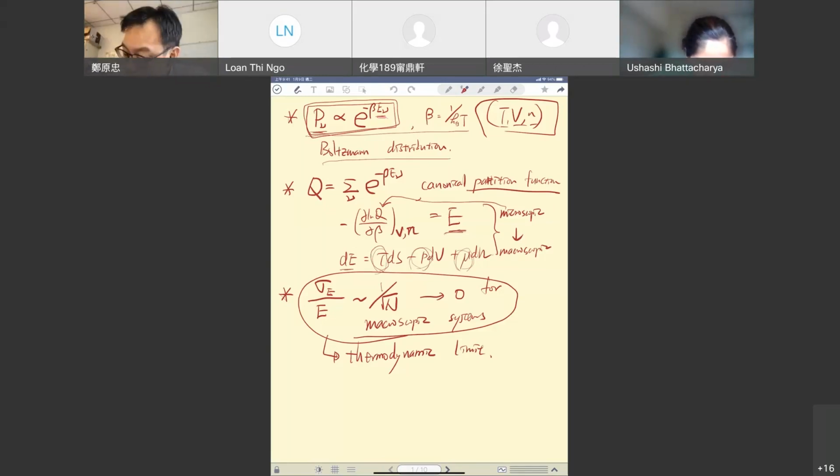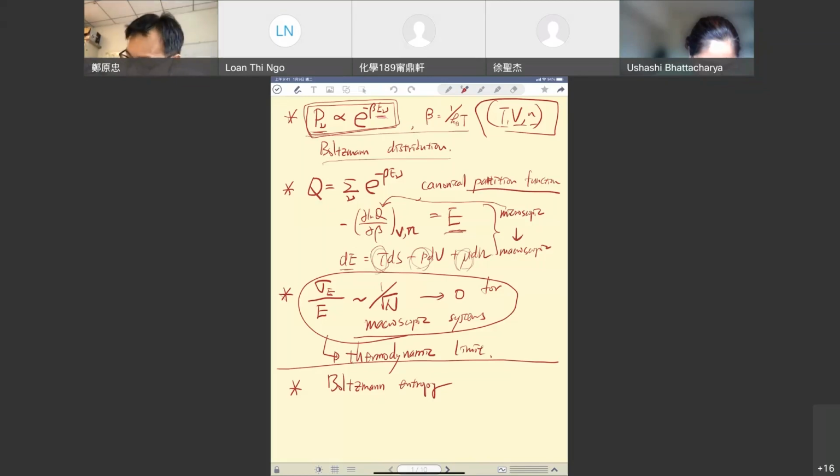Okay. So to do that, I want to introduce the so-called Gibbs entropy. It's a more general form of entropy, and we start from our understanding of what we have already learned, this Boltzmann entropy. It applies to a macroscopic system in the microcanonical ensemble.